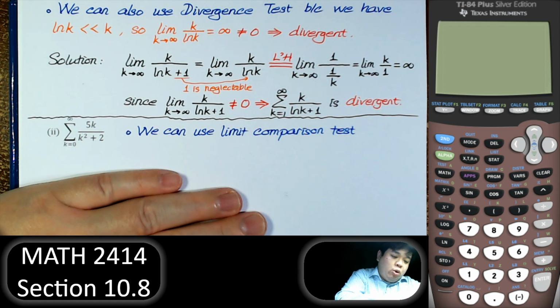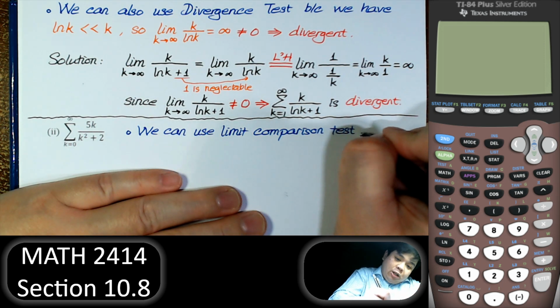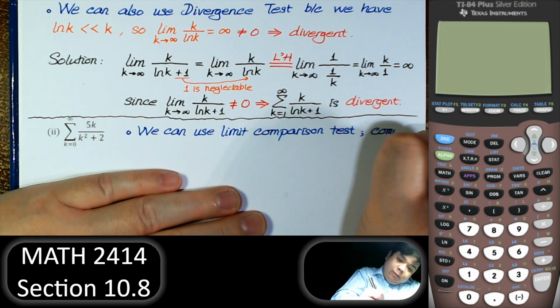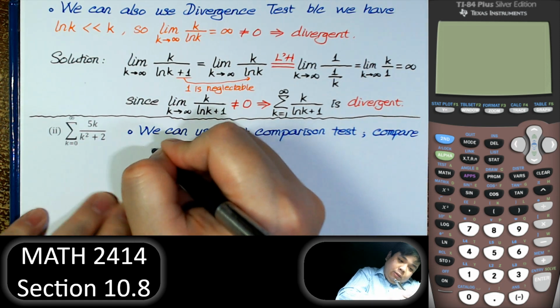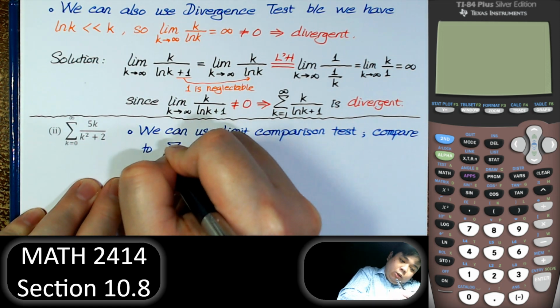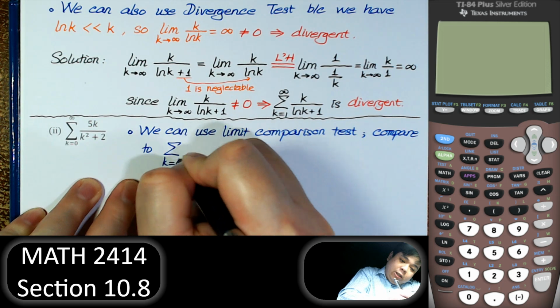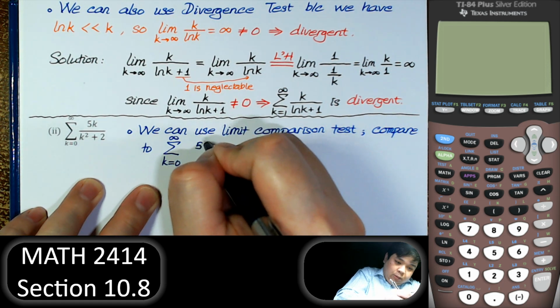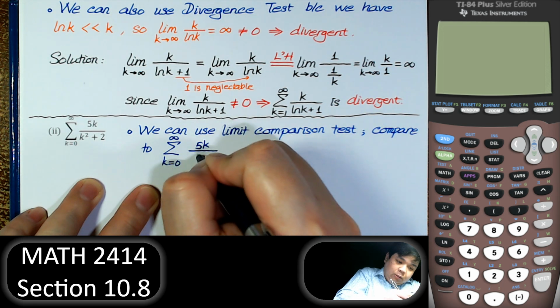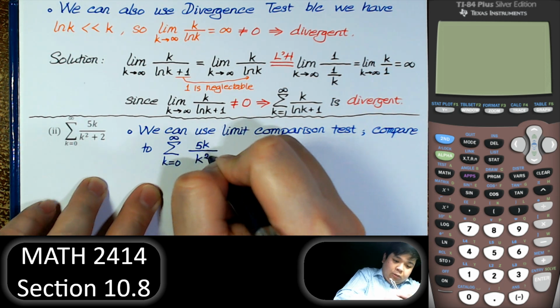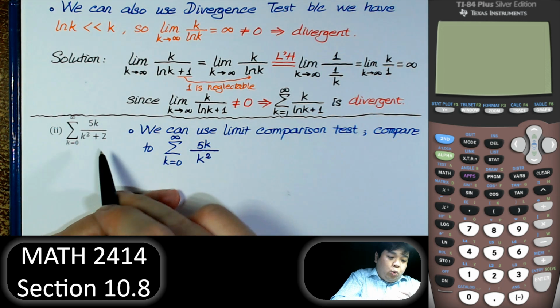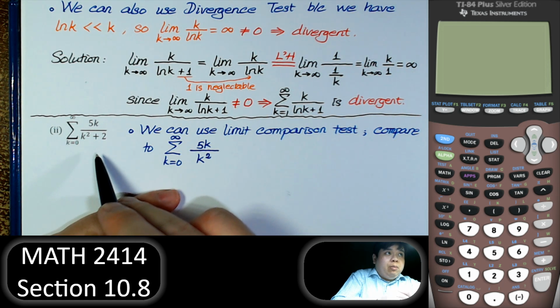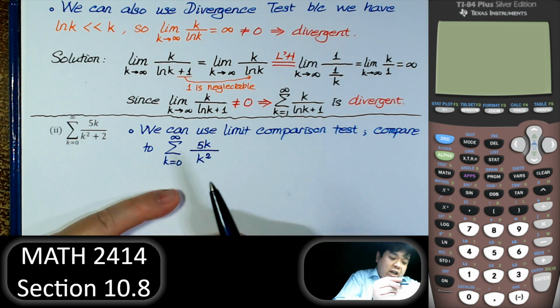That's the same reason as we had before. And we compare to this series. Right. So we remove the 2 because the 2 is a lot smaller than k squared.